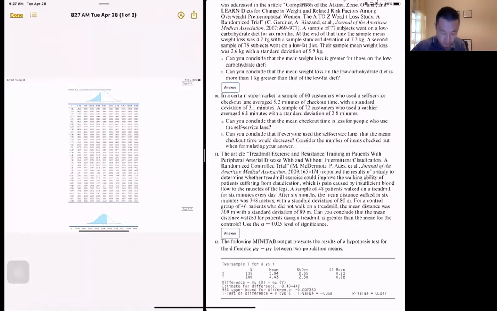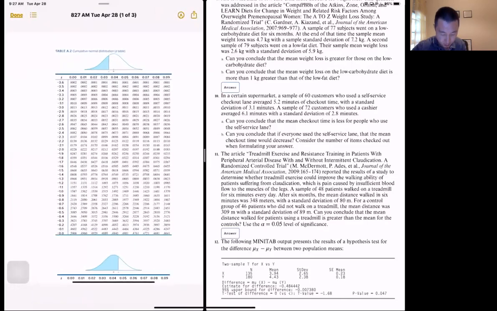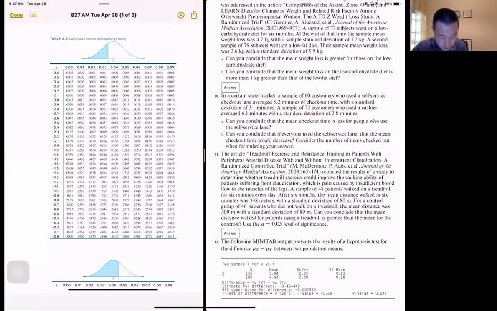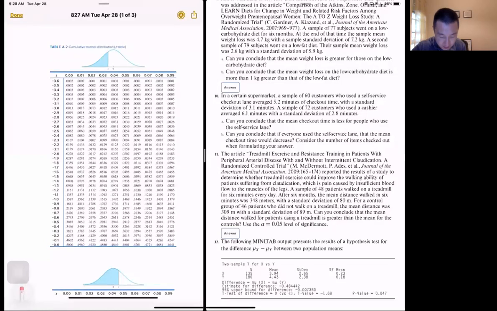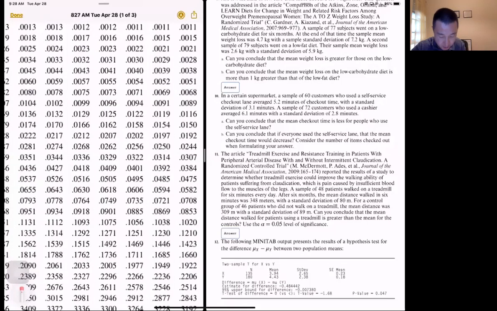Minus 1.74, the z value here, 1.7, 1.74, is 0.0409. Sorry, I cannot mark it up. Here, 0.0409.